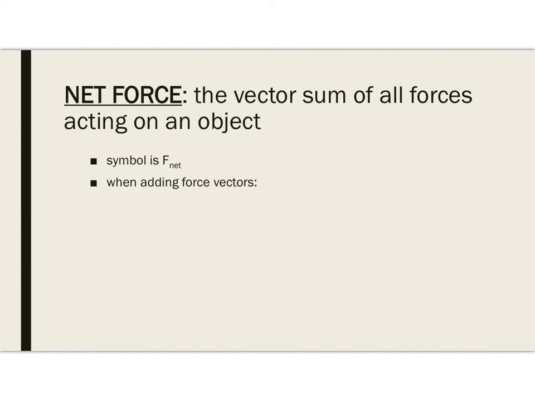And when you're adding force vectors, there's a couple things to remember. Going up and to the right are considered positive directions. Going down and to the left are considered negative directions.